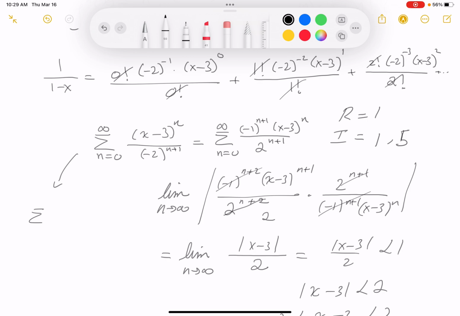What is it going to give you? Let's see. 5 minus 3 is 2. 2 to the n. Right? Let's see what else you get. You get 2 to the n plus 1. If you're wondering where I'm plugging it in, I'm plugging it over here. And then you get minus 1 to the n plus 1.